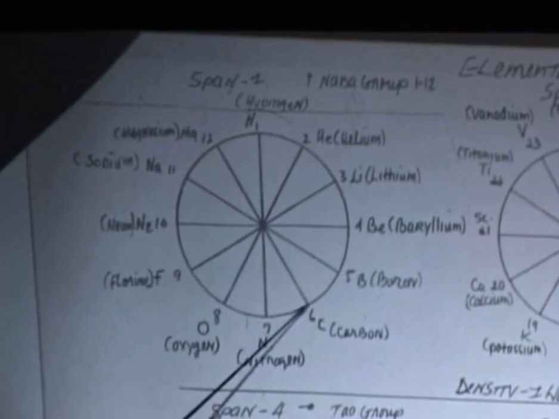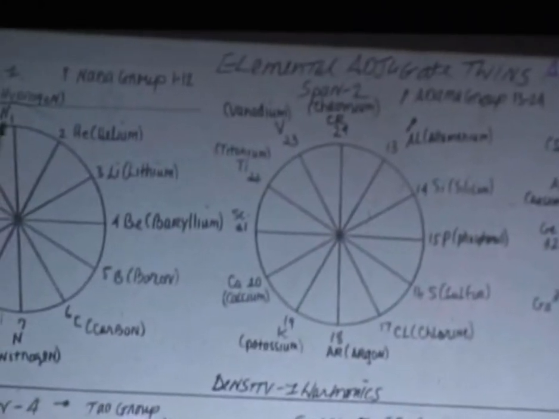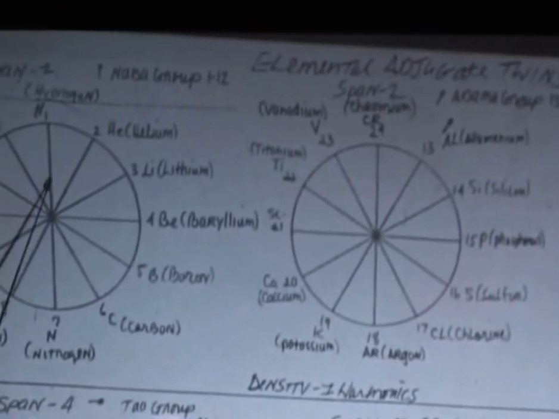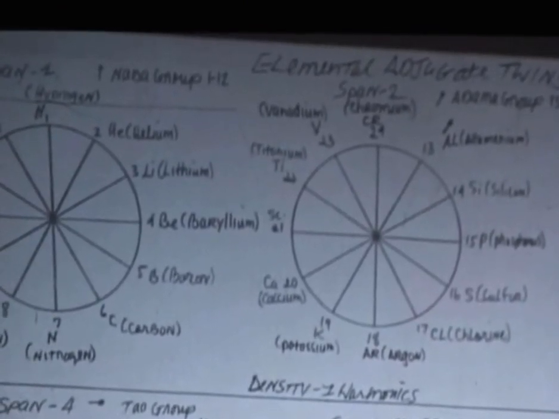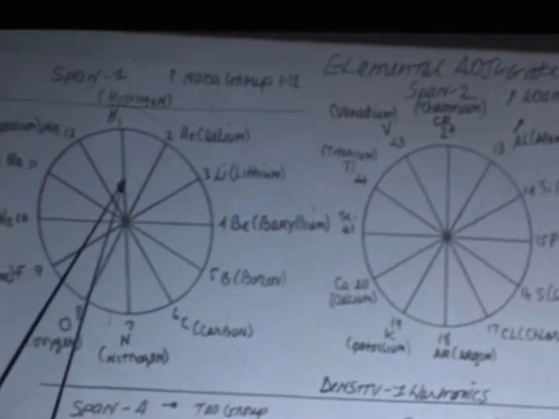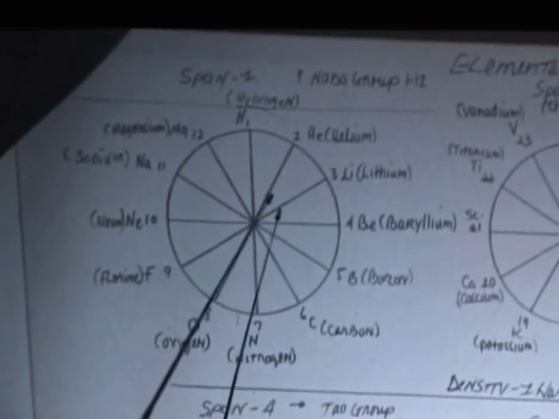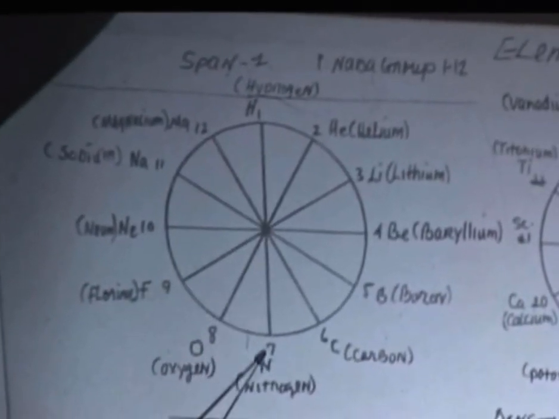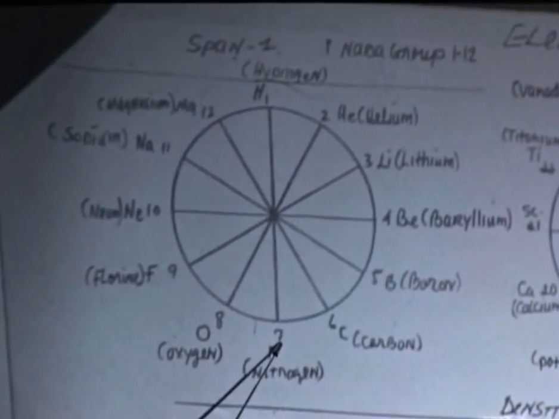You can also plot them this way, and this is how you find out their adjugates. So if hydrogen is 1, its adjugate is 7. Now, the number refers to the proton number. All right, that's the atomic number. So if a thing like hydrogen has 1 proton, nitrogen has 7 protons. This is how you begin to understand the relationships.